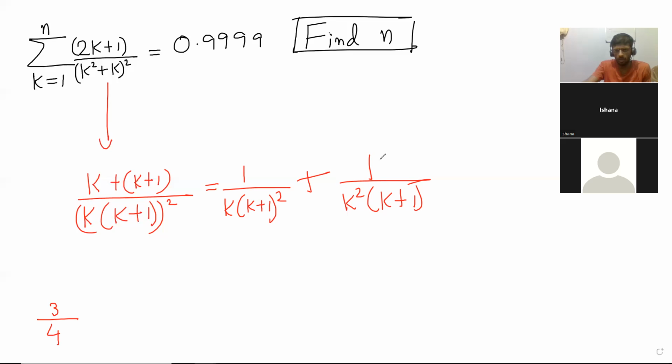Because there was a k plus 1 here, right? And that got cancelled, right? Similarly here, right? So it was like this, and then things cancelled.